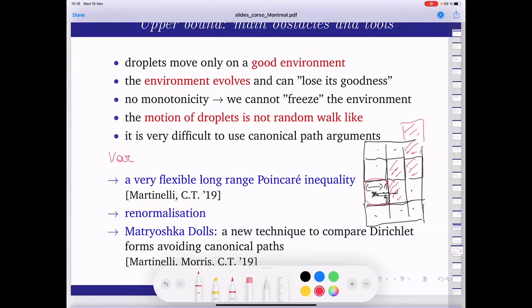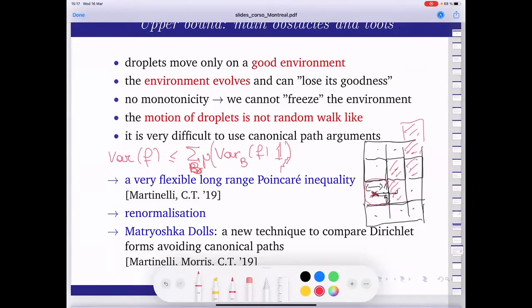So the variance of any function over the whole volume is smaller than the sum over all the boxes, say this is the box Bx, of the variance over the box, because I'm making a dynamics which is updating just the configuration on the box, multiplied by a constraint. And this constraint is the presence of this long path, which is good in the sense that on that path I'm able to move my droplet.